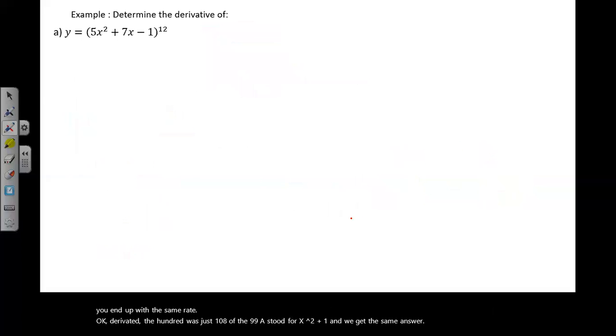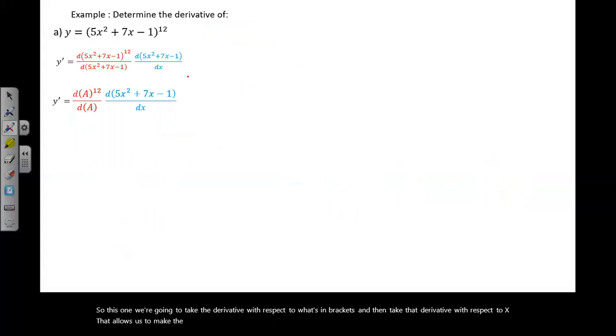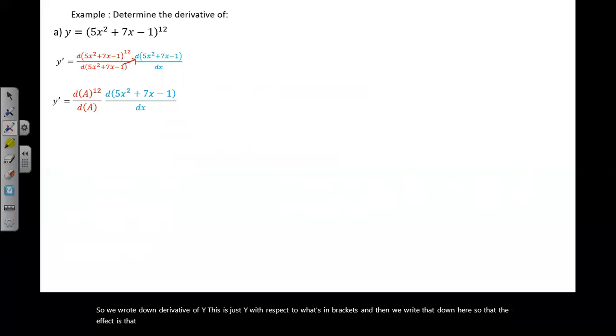Let's try another. So this one, we're going to take the derivative with respect to what's in brackets and then take that derivative with respect to x. That allows us to make the following substitution. So we wrote down the derivative of y, this is just y, with respect to what's in brackets, and then we write that down here so that the effect is that you chain your derivatives and you end up with a derivative with respect to x.